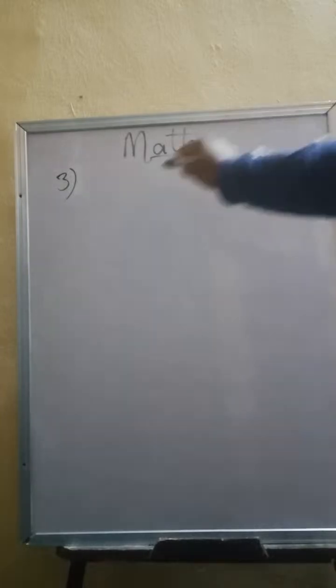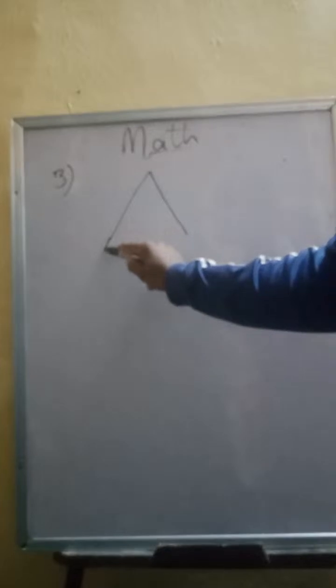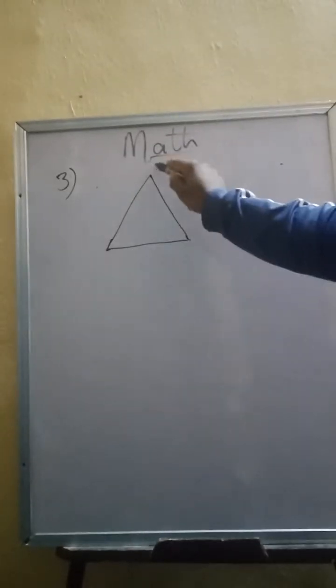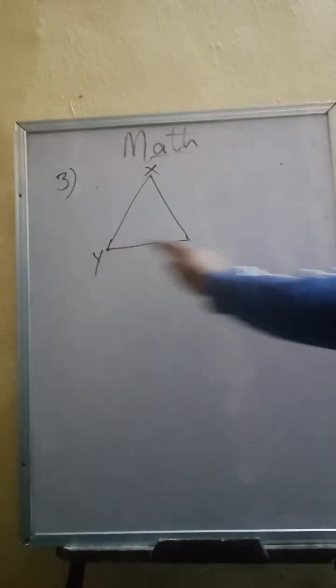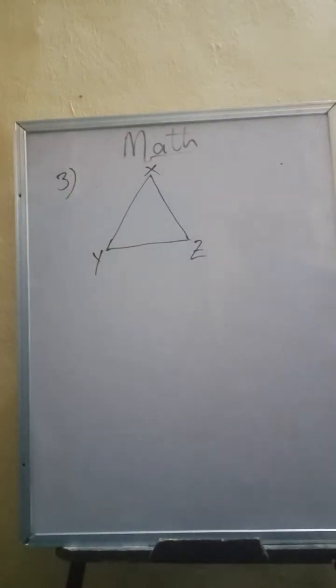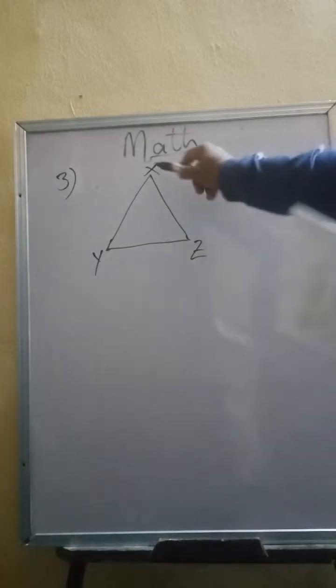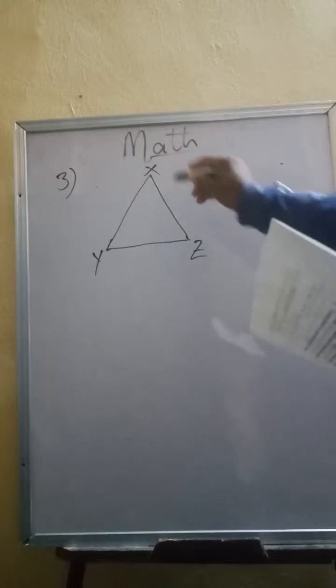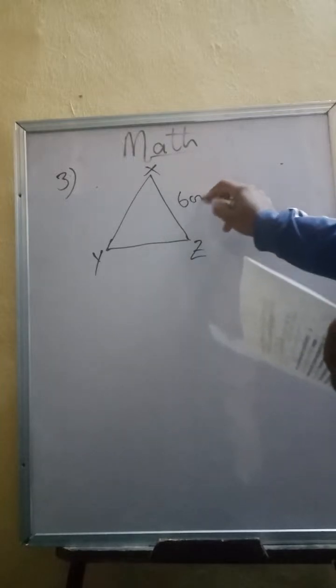Now this is the nature of the diagram. Because the question says in triangle XYZ, the length of line XZ is 6 cm.